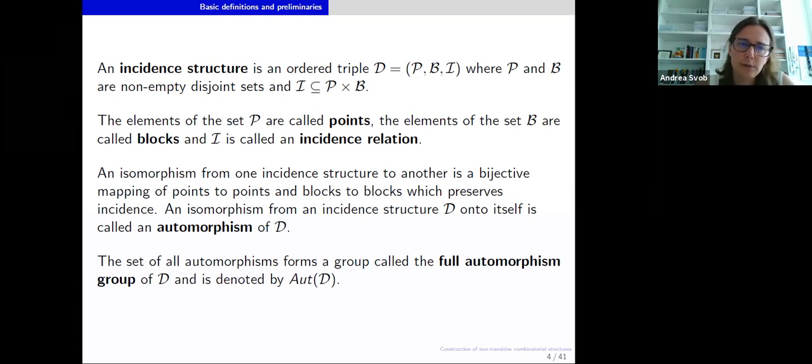The full automorphism group is the set of all automorphisms, which is a group, and it is called the full automorphism group of D. When I refer to the full automorphism group, I will say so, but we can also have an automorphism group of an incidence structure, which is actually a subgroup of the full automorphism group of the structure D.